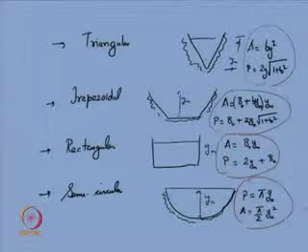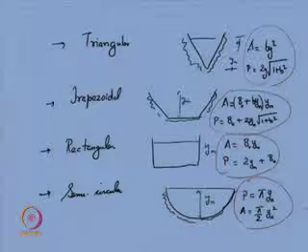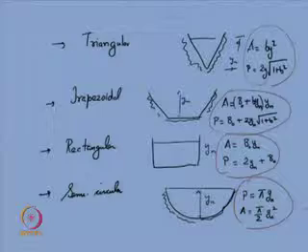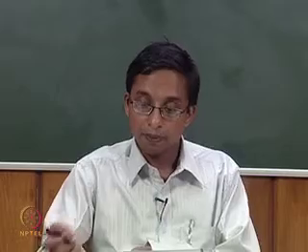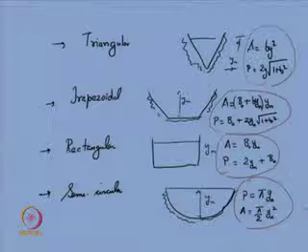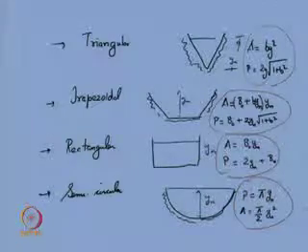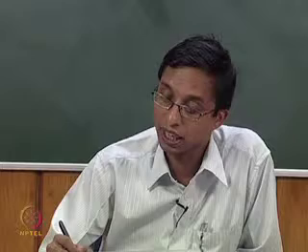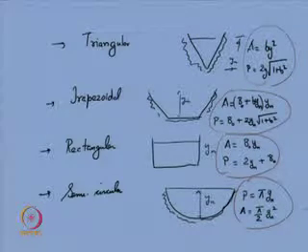Say for any given area, if from your design you have already suggested that the area of flow should be so and so value, and if you want to find the hydraulically efficient cross section, then you know that for the given area, semicircle is the one having least wetted perimeter for any given area A. If A is the same here, here, here and here, then the least wetted perimeter case will be observed in semicircle.